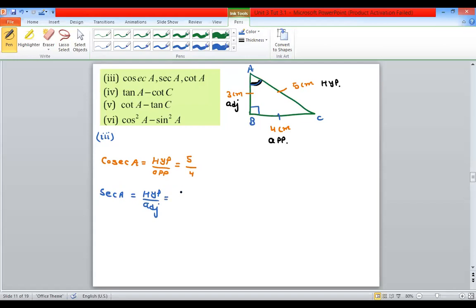And this is the 5 by 3. And cot. It's reciprocal of the tan theta. Tan is opposite upon adjacent. Cot is adjacent upon opposite. So this is your 3 by 4.